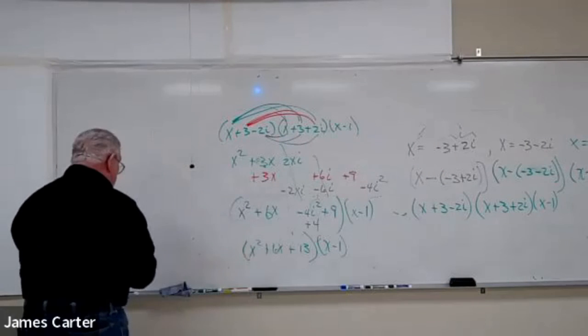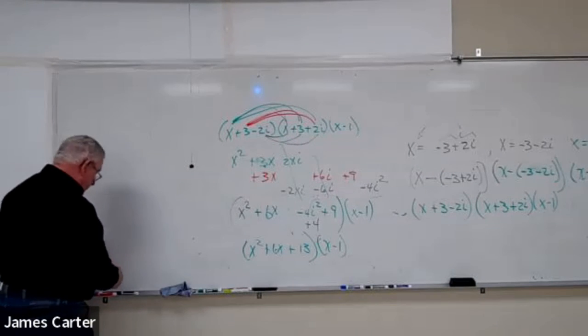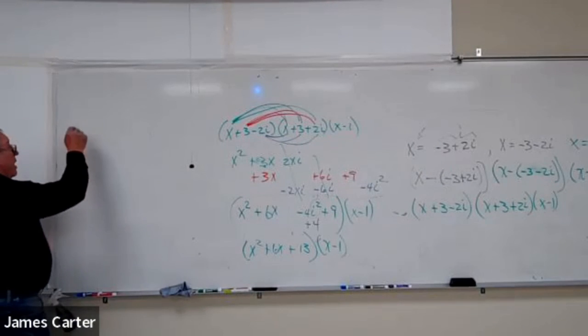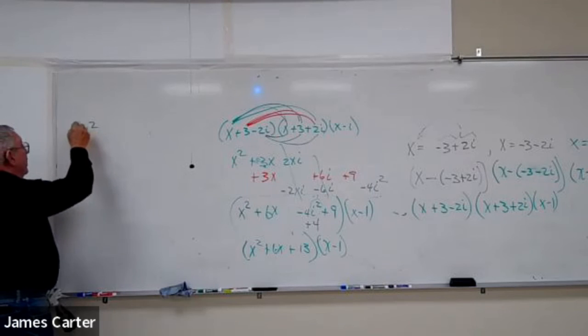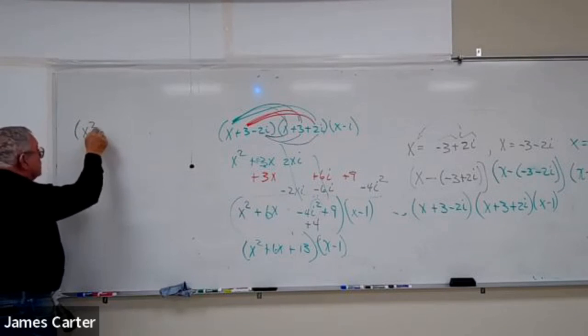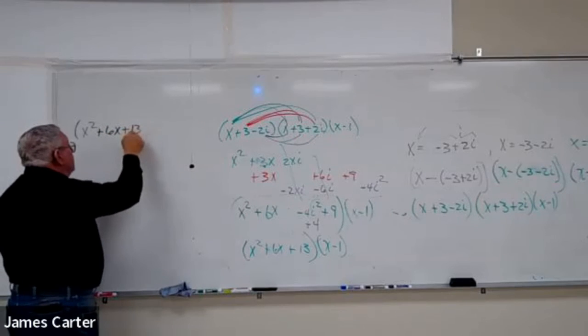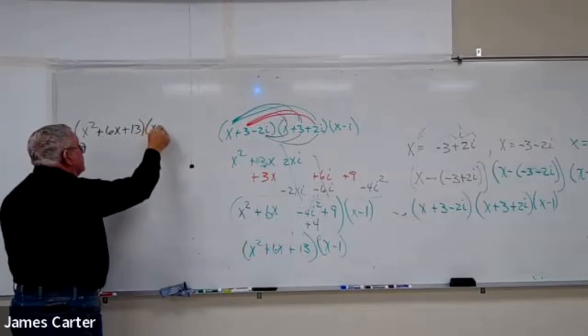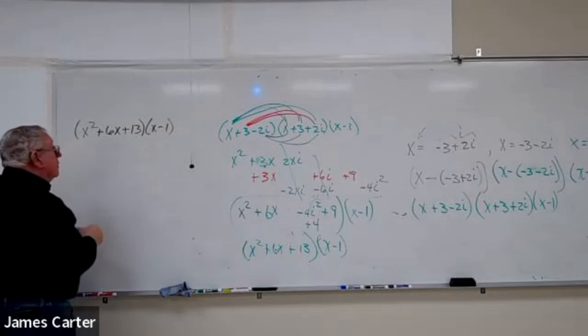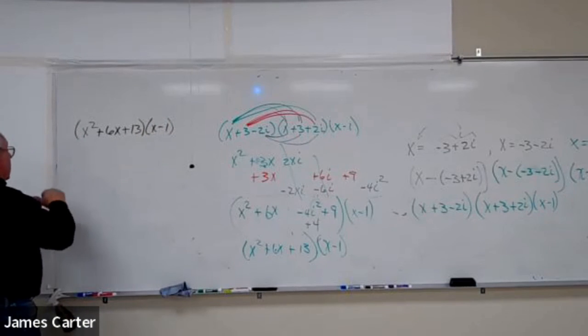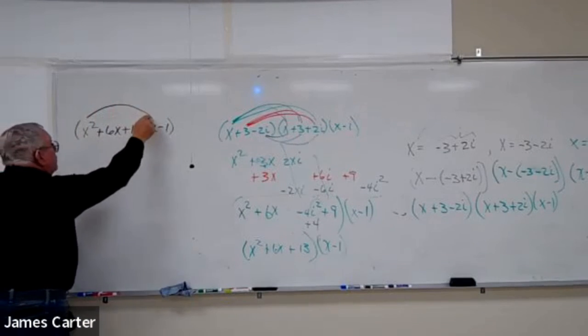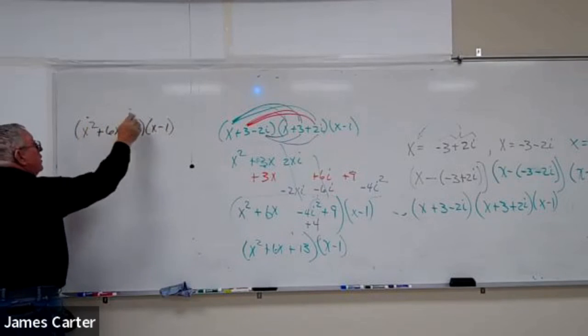So now let's multiply that thing. I had x squared plus 6x plus 13 times x minus 1. Okay, I'm going to distribute. You know what? It's faster to go the other way.